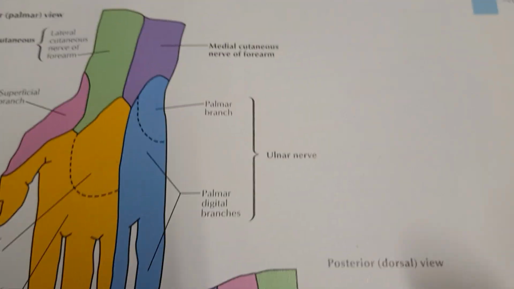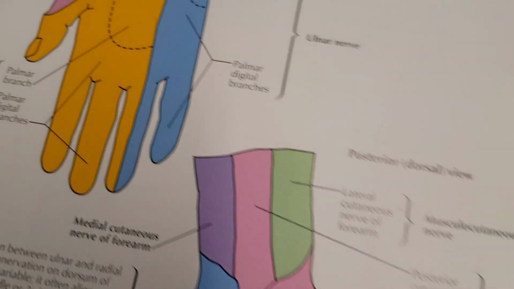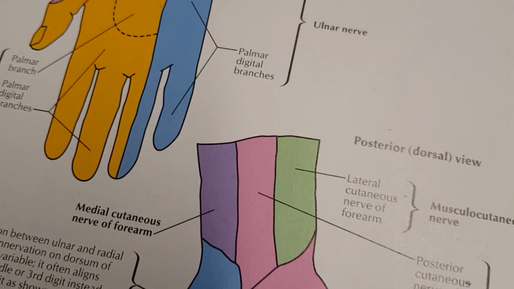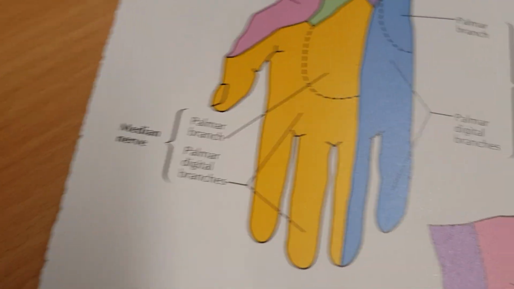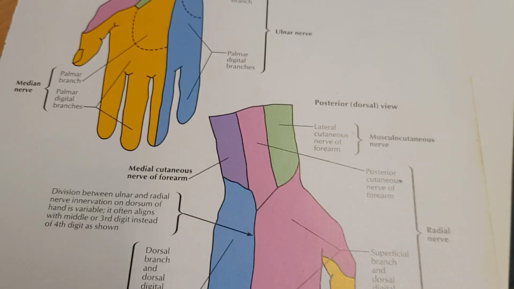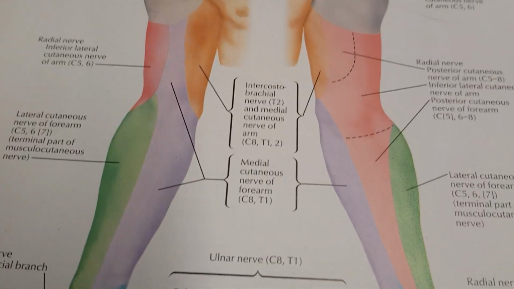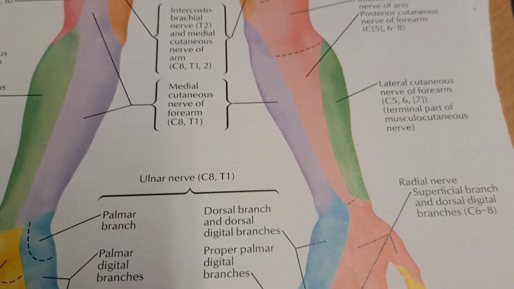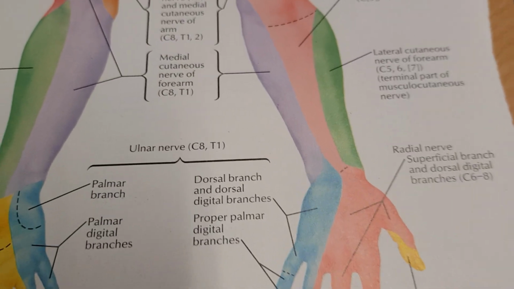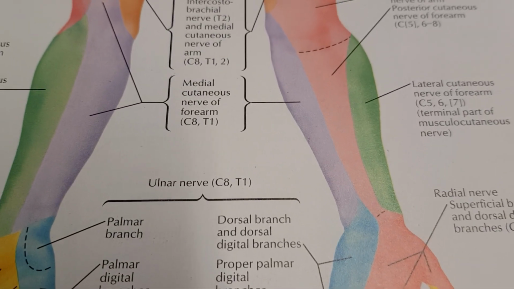But this one, this map, is not the map of the dermatomes. It's a map for peripheral nerves. I wish you will understand the difference between dermatomes and peripheral nerves.